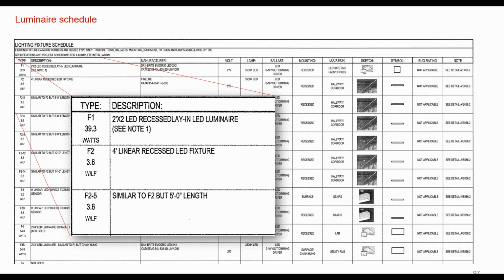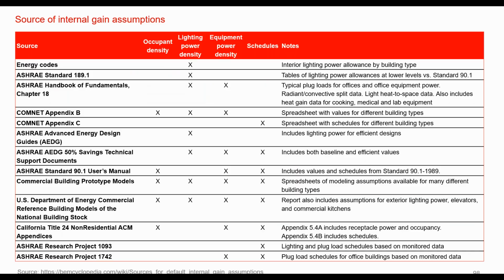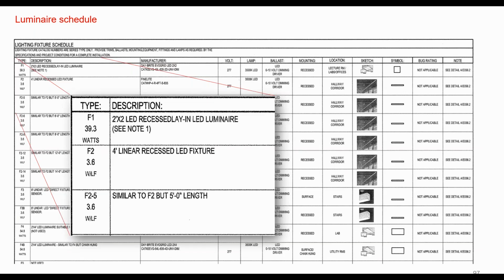But again, the very typical fixture schedule will give you the type of fixture. It'll give you the wattage, and from that you can calculate the watts per square foot that you would use in the model. And then the control factors, again, in 90.1, there's a table of how you account for control factors, whether it's aux sensors, vacancy sensors, daylight. So again, once you have all that, you have basically everything you need for those.